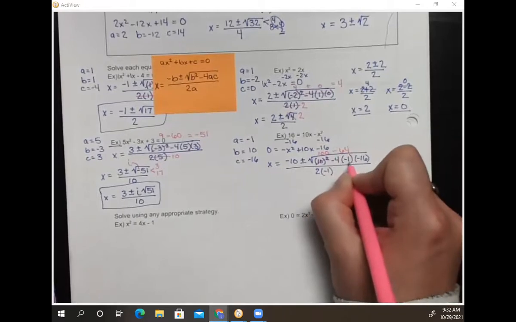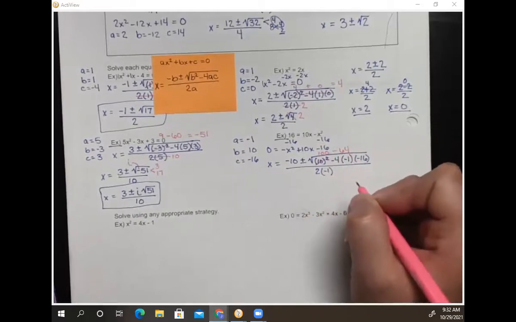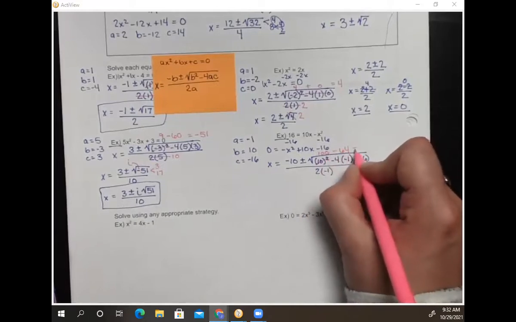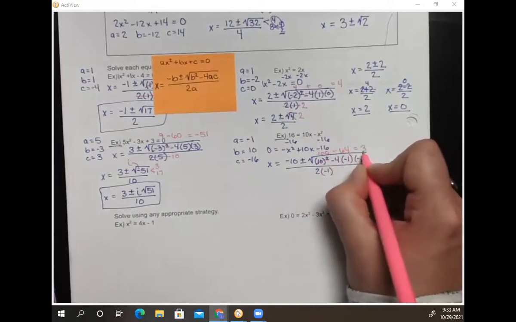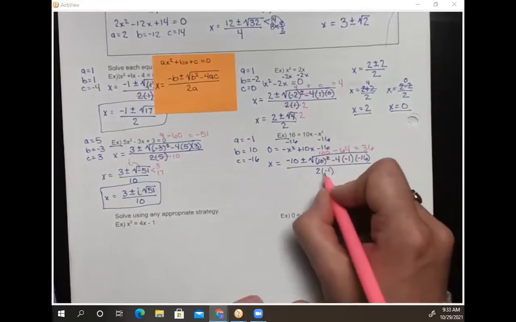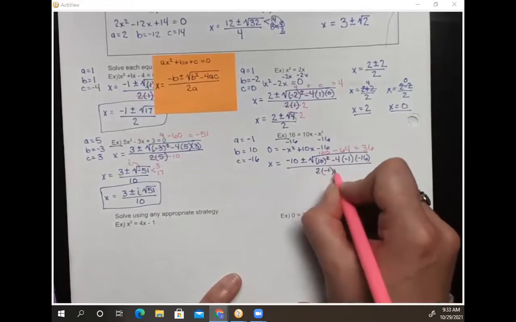4 times 1 is 4. 4 times 16 is 64. 100 minus 64 gives me 36. So under my root, I'll have 36. And then on the bottom here, 2 times -1 is -2.